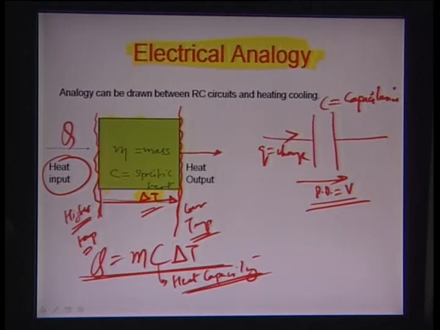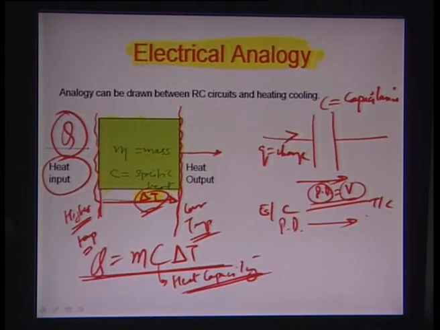So what causes the charge really to flow is the potential difference here. What causes the heat here to flow is the temperature difference here. So it's a kind of analogous. So potential difference in an electrical circuit is same as temperature difference in a thermal circuit.